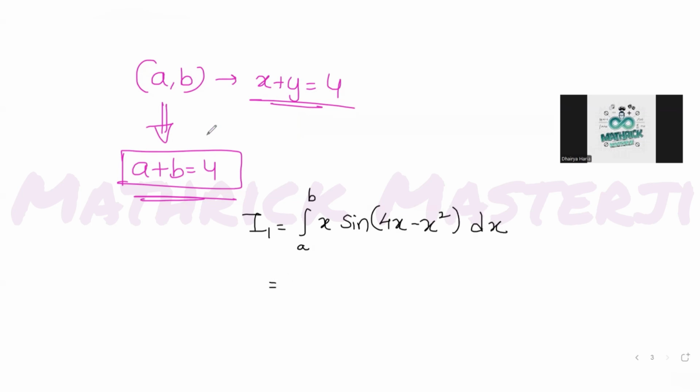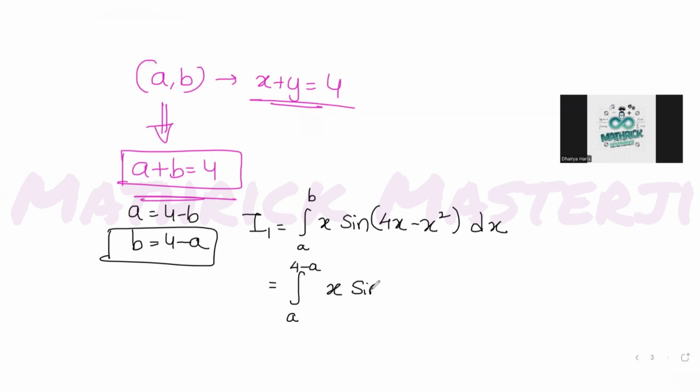I know a plus b is 4, so I can write a as 4 minus b, or b as 4 minus a. I can use any one of them. So here, instead of b, I can write 4 minus a. From this term, I can take x common, so I am left with (4 minus x) dx.